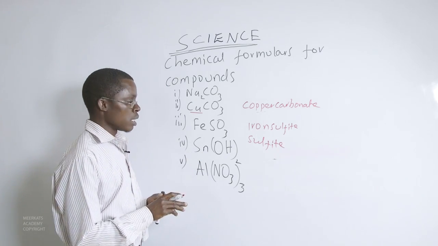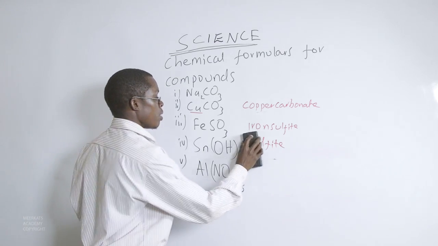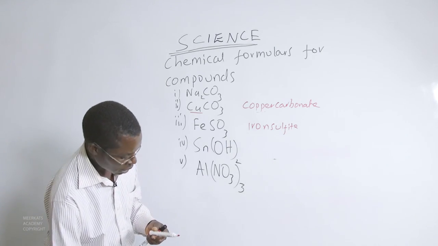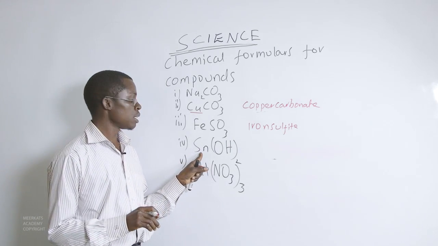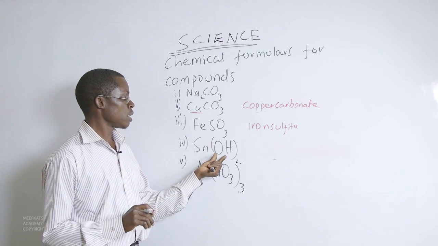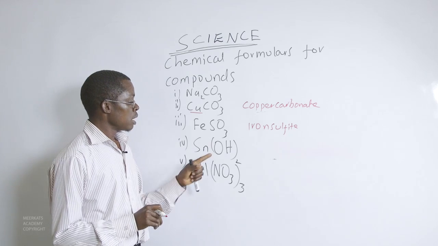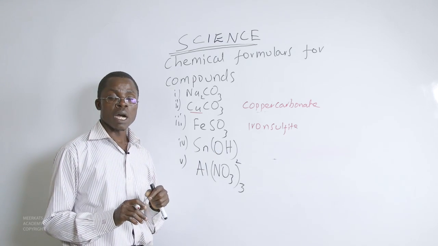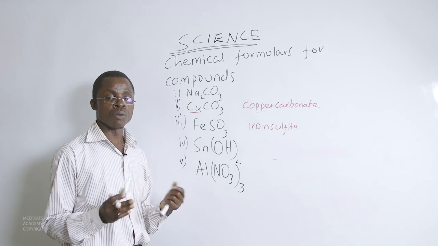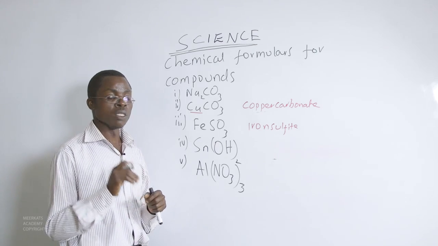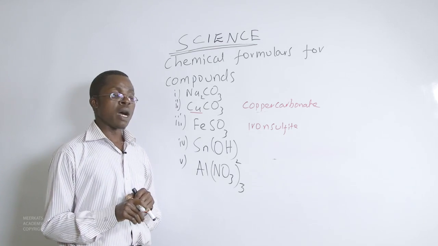Let's look at the next one. The first element is tin, and the second element is oxygen, the third being hydrogen. These oxygen and hydrogen are operating as a group singly, which is by the name hydroxide.